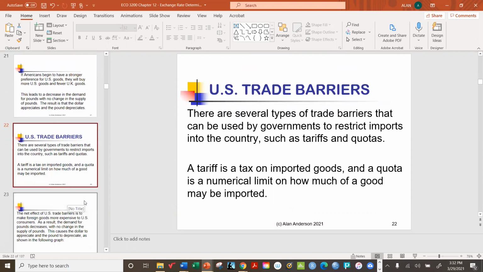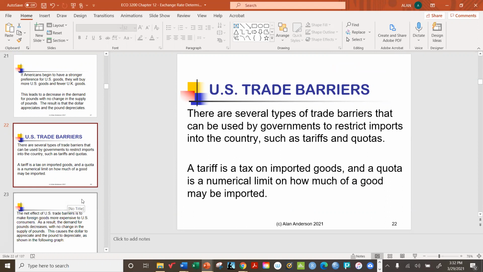How about trade barriers? What does that have to do with anything? Well, we've already discussed this in an earlier chapter, but we know that the US government sometimes imposes trade barriers on imported goods. We've seen tariffs, we've seen quotas. We know that a tariff is a tax on imports, and a quota is a numerical limit on how much can be imported.